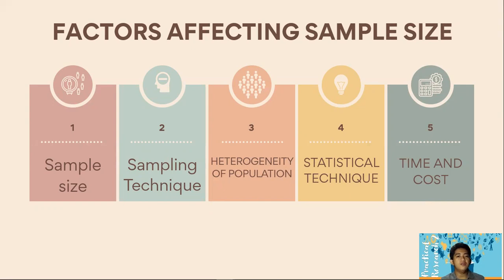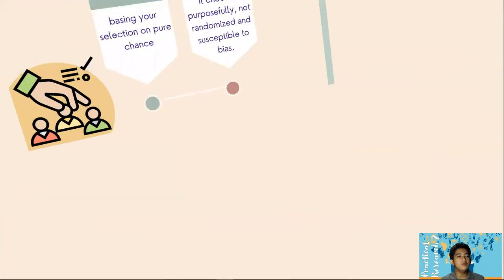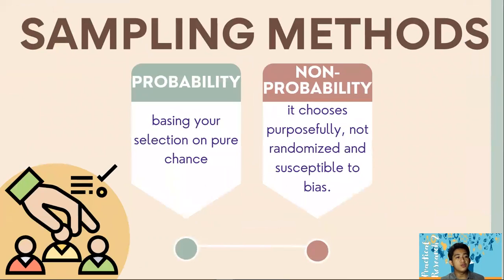Now, let's look into the difference between the 2 sampling methods. There are 2 sampling methods, the probability and the non-probability sampling. The first one, the probability, bases your selection on pure chance. Draw lots, lottery, these are probability.